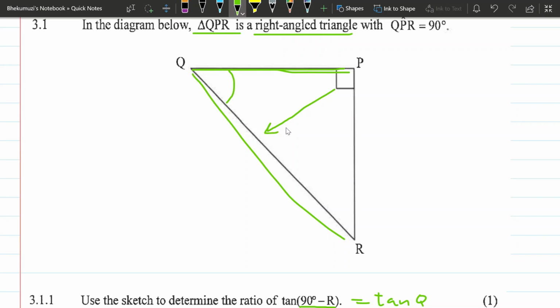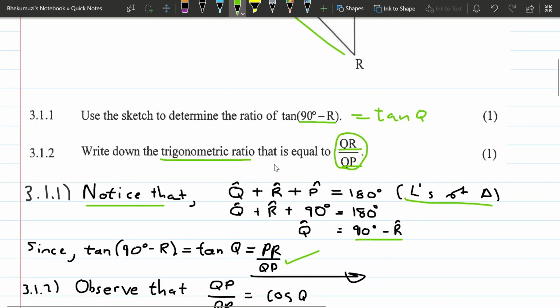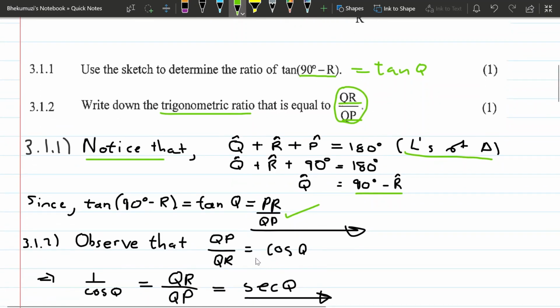So we are 100% certain that QR has to be the hypotenuse, and therefore, if we write the normal trigonometric ratio where it is QP over QR, which is the adjacent side over the hypotenuse, that gives us the cos Q, which is the angle in between these two sides, right?